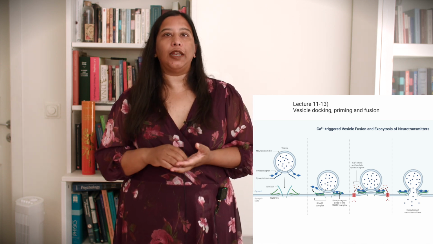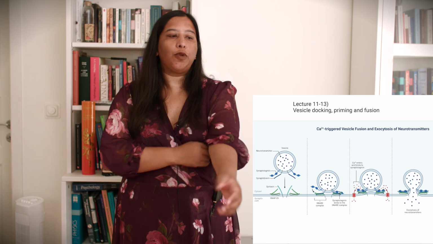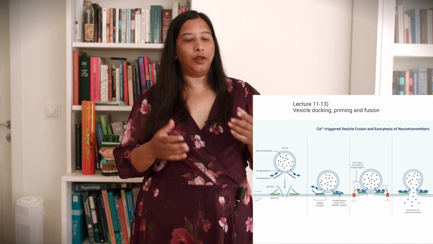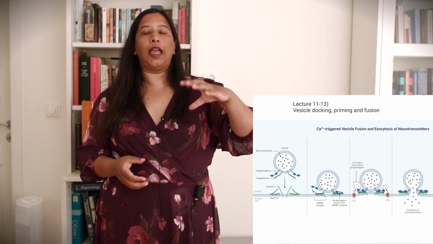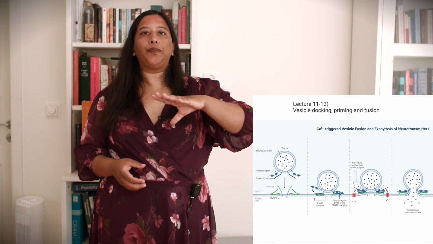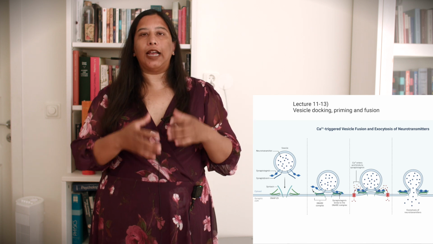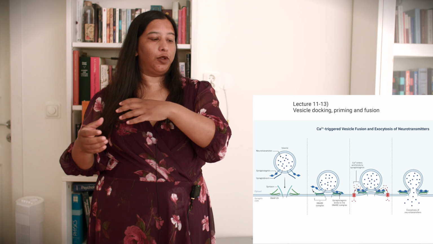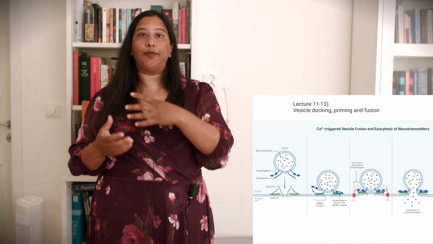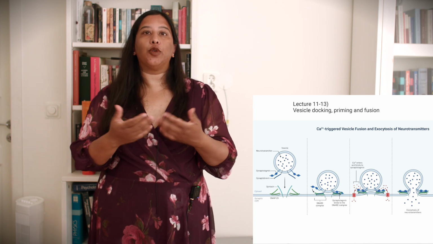the plasma membrane. But these SNARE proteins are not only important for vesicle docking and priming together with their attached factors, they're also important for the fusion of the vesicle to the plasma membrane, which lets out the neurotransmitters.